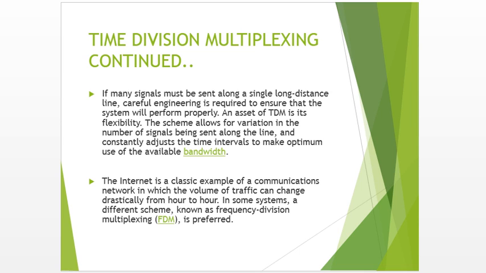The scheme allows for variation in the number of signals being sent along the line and constantly adjusts the time interval to make optimum use of the available bandwidth. The internet is a classic example of a communication network in which the volume of traffic can change drastically from hour to hour. In some systems, a different scheme known as frequency division multiplex (FDM) is preferred.